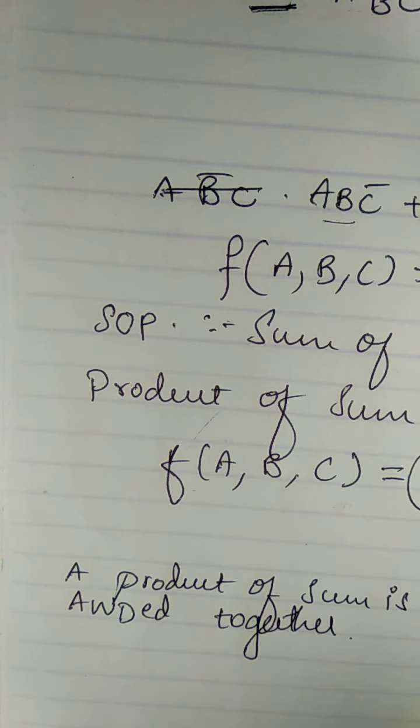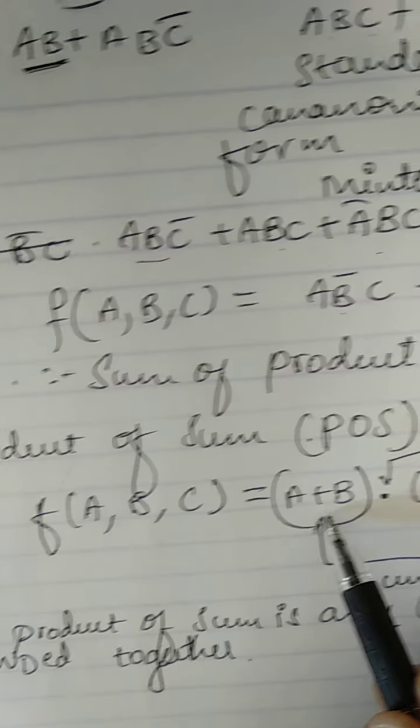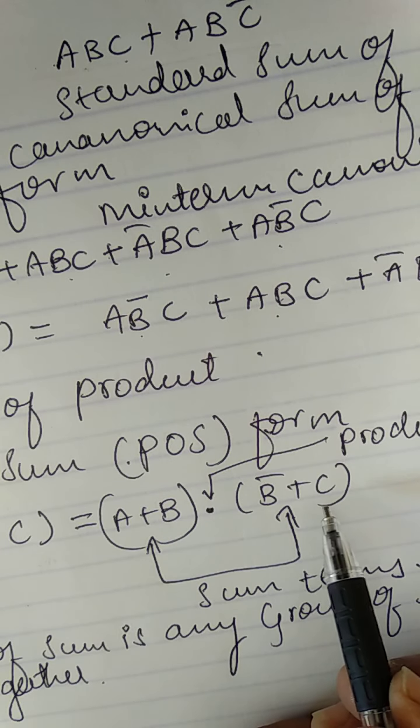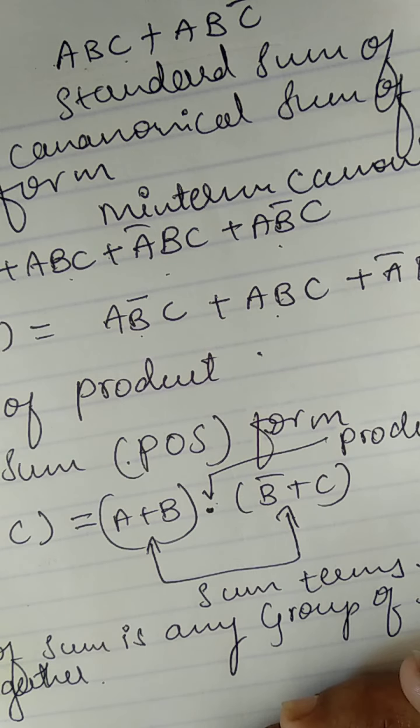For example, we have a plus b into b bar plus c. So these are sum terms and this is a product.